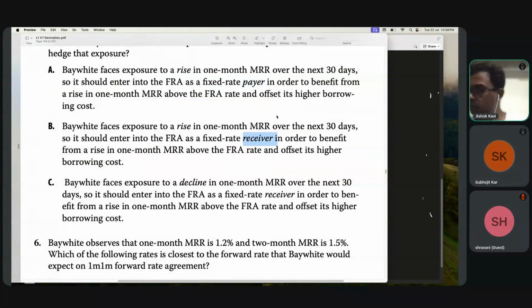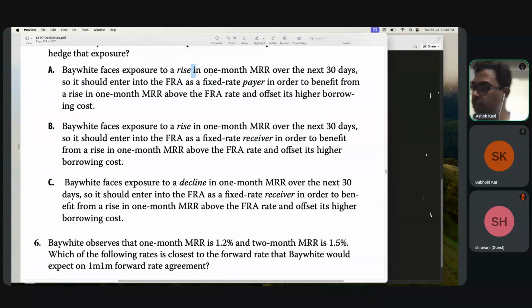See, Baywhite faces exposure to a rise in 1 month MRR over the next 30 days. So it should enter into the FRA as a fixed rate payer.